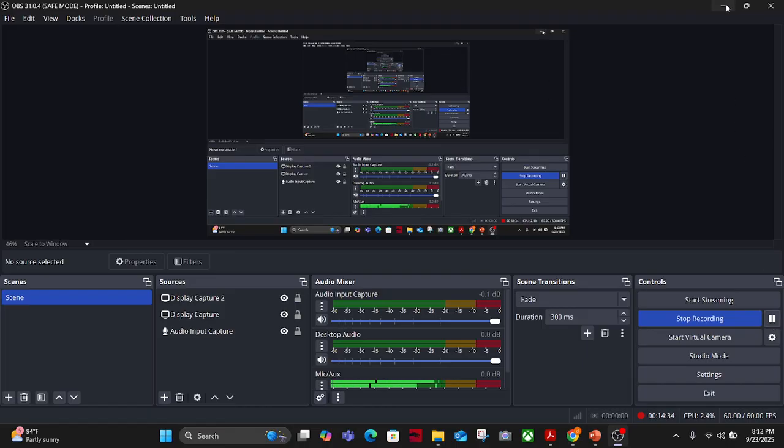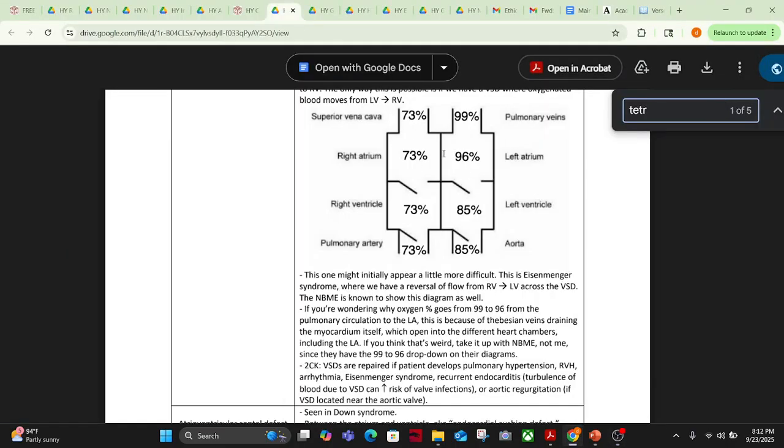And this next diagram would be Eisenmenger's syndrome, because what's happening is that there's a normal right side of the heart and an abnormal left ventricle.